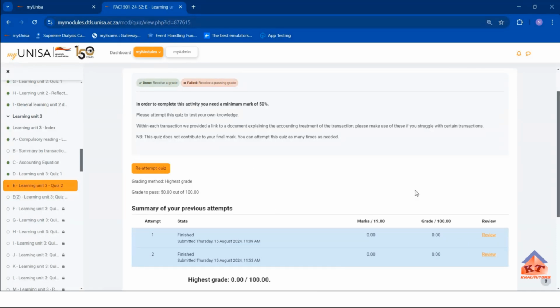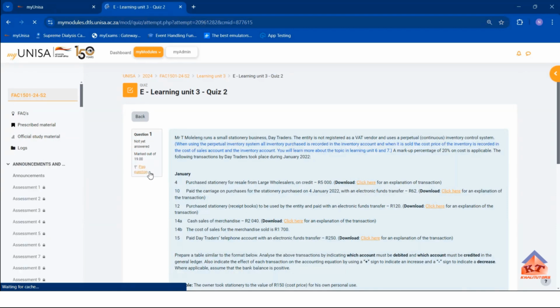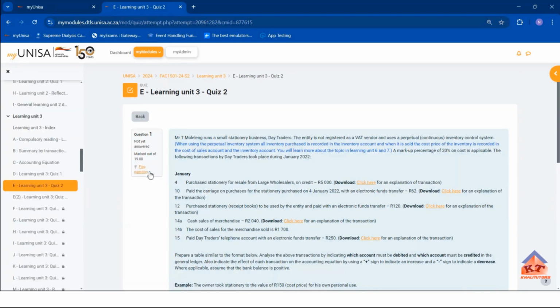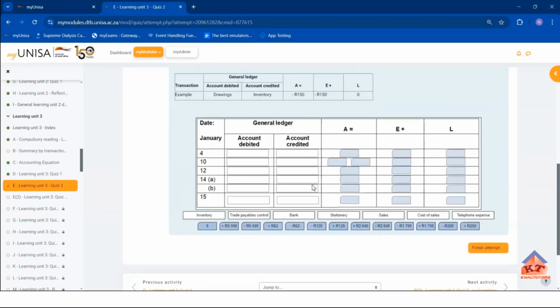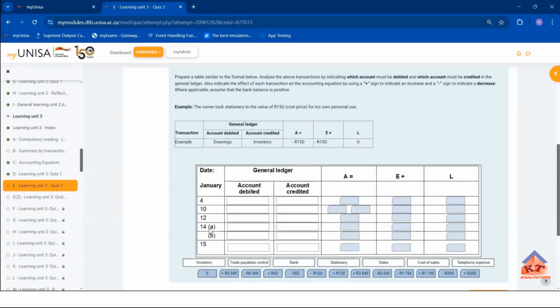Okay, so as you can see, the first two attempts, the student got 0, and now we are going to reattempt the quiz. Once you have opened this quiz, you'll notice that you have this table to fill in.